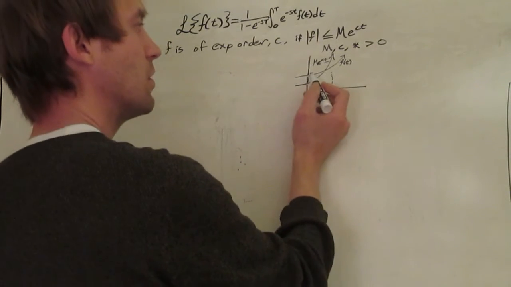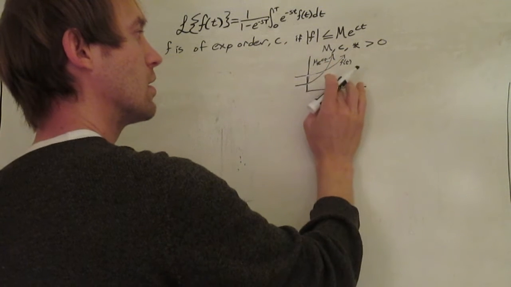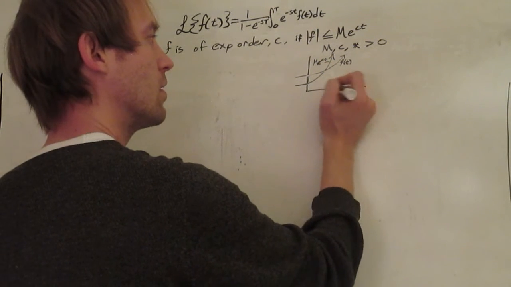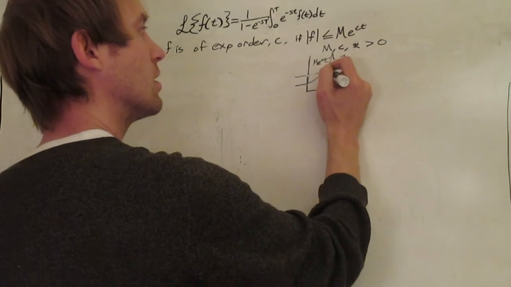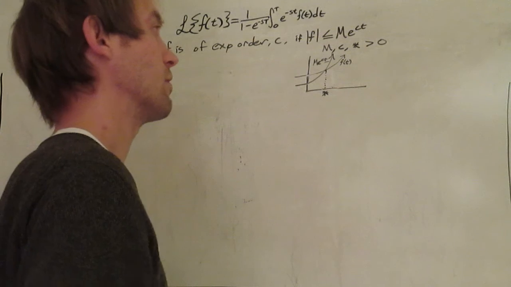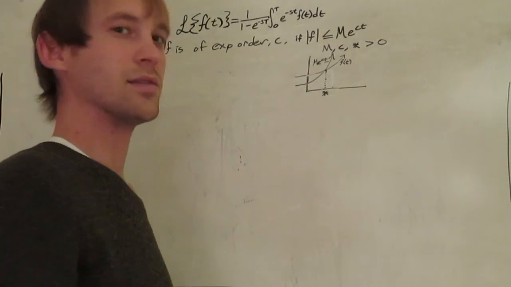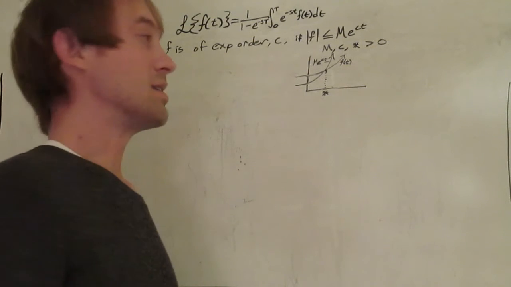At first this is higher, but there is a point at which m e to the ct grows faster to infinity than f of t. It's sort of like the turtle and the hare: in the end, m e to the ct wins out.